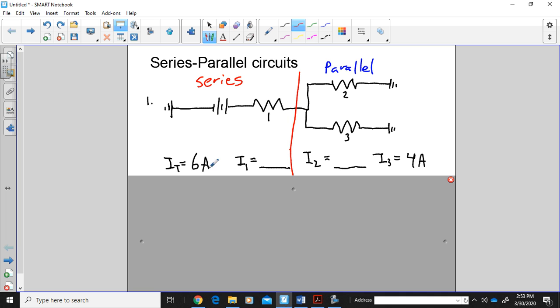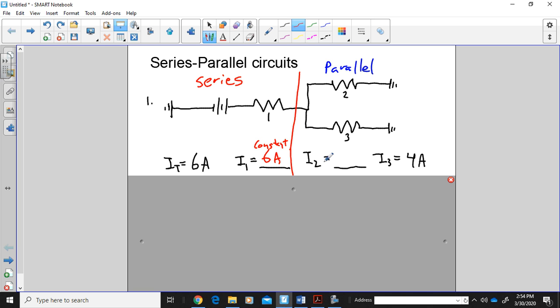If we know the total current is 6 amps, and we know the current through I3 is 4 amps, what's the current at the second resistor? What's the current at the first resistor? In a series circuit, what do you know about current? Yes, it is constant. So write 6 amps here, constant.